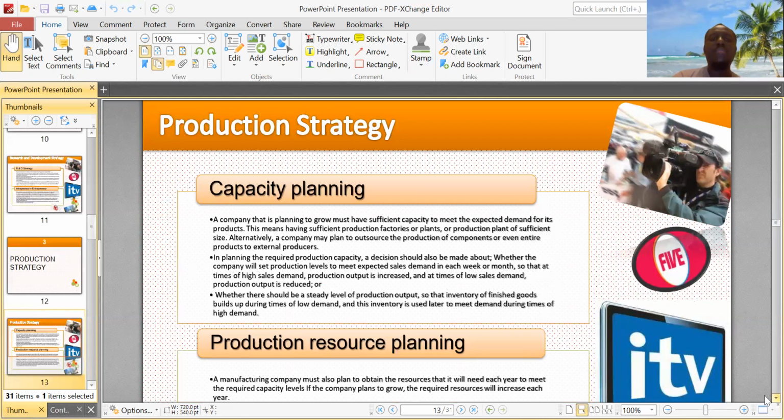In planning the required production capacity, a decision should also be made about whether the company will set production levels to meet expected sales demand in each week, so that at times of high sales demand, production output is also increased. So you need to think about your production strategy and your capacity planning. You need to match your production to your expected sales, so you always need to be checking what the expected sales are.